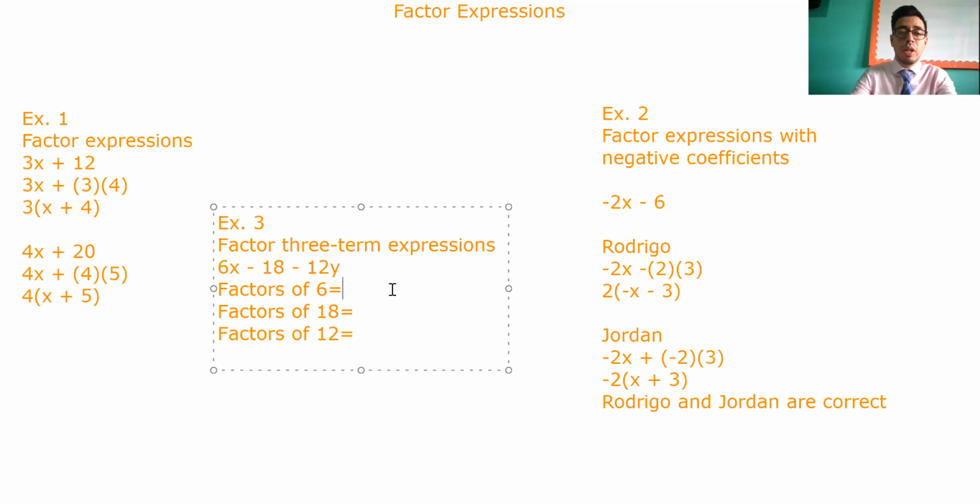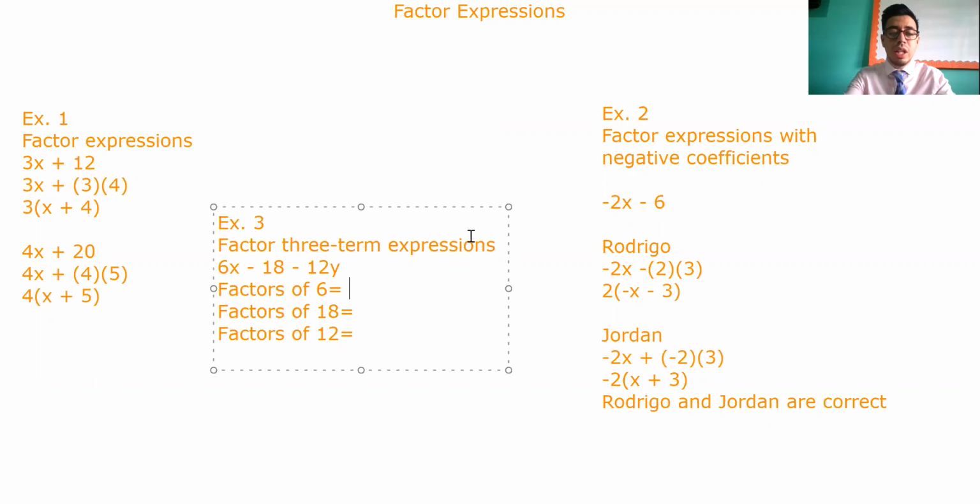Okay, what are the factors of 6? The factors of these numbers are the numbers that you can use to divide the number, and you are going to obtain an exact division, okay?